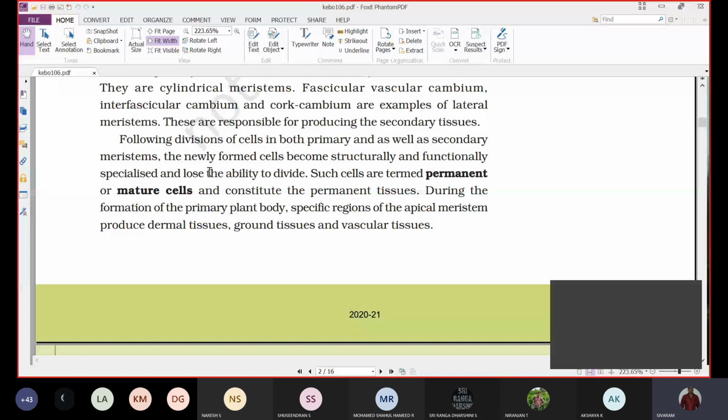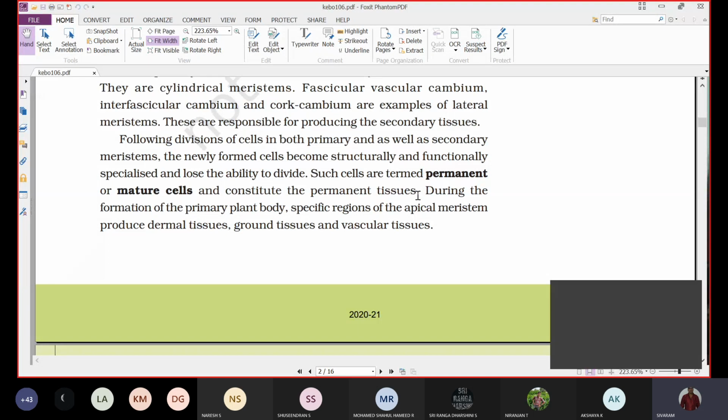One thing you have to remember here very clearly. We are talking about the shoot apical meristem now. The number of cells present in the shoot apical meristem will always remain constant.